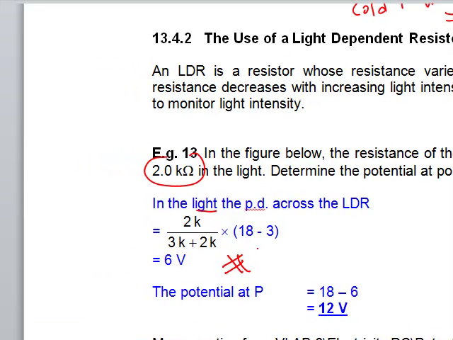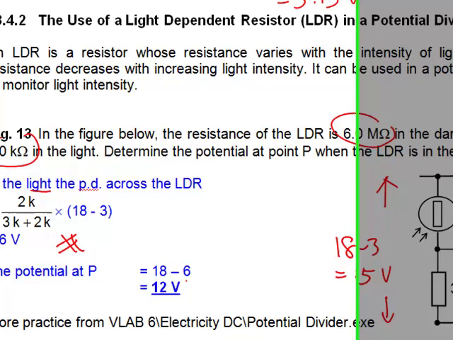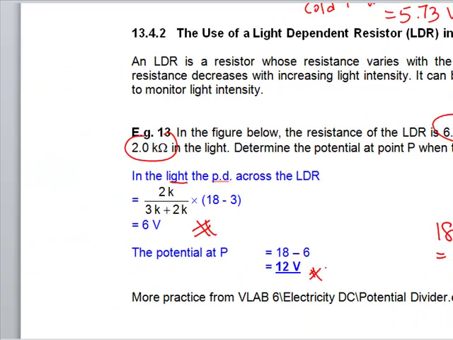The potential at P itself is 6 volt below 18 volt, so 18 minus 6, which is equal to 12 volt. Remember, potential difference is the difference between 2 points. So the potential at P is the potential at the top, 18, minus the potential difference of 6 volt, which gives you 12 volt.